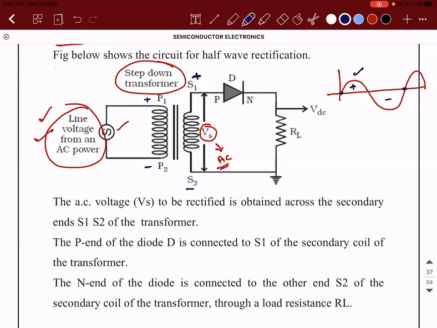Then, if this end is taking the positive sign, now look at the diode and look at the sign of the voltages which are connected to the diode, and tell me whether in this scenario it is forward bias or reverse bias. Is this forward biased or reverse biased?